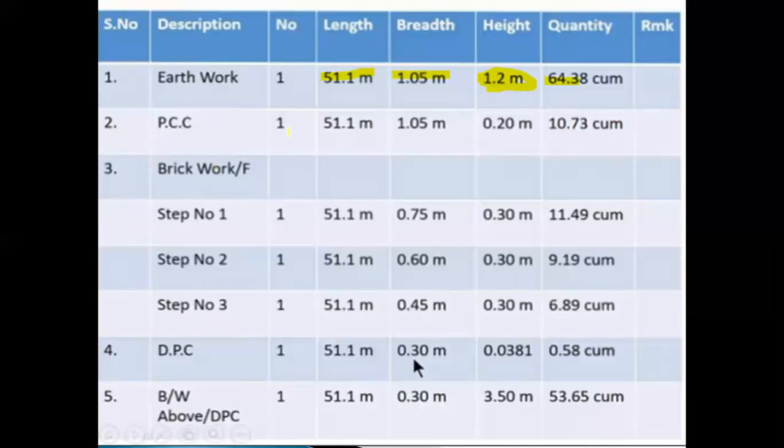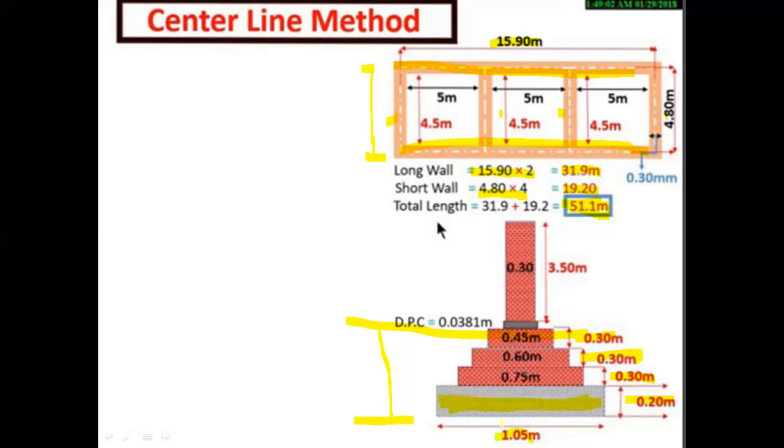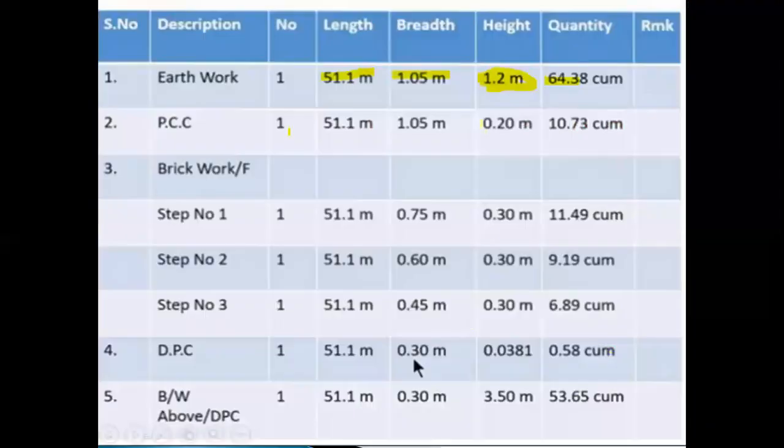Multiplying 1 into 51.1 into 1.05 into 0.2 equals 10.73 cubic meters.